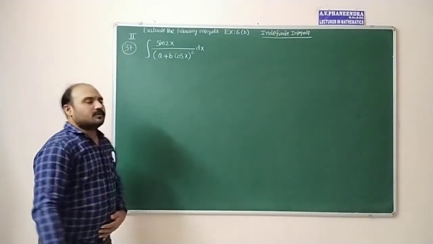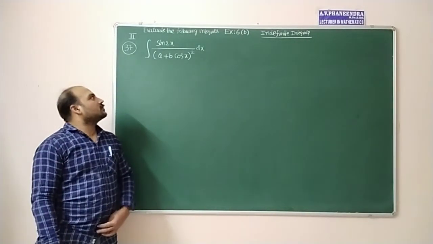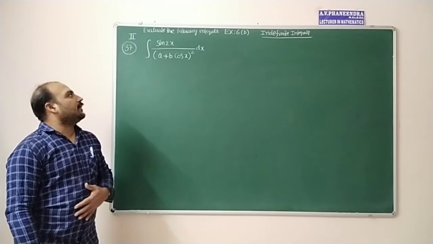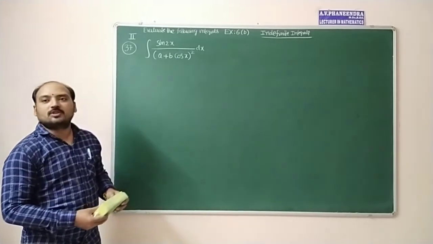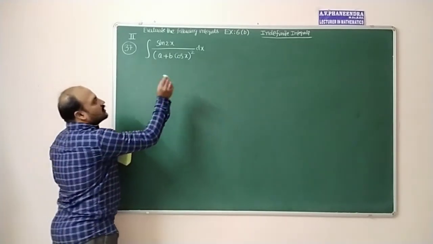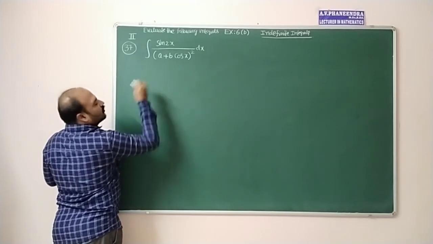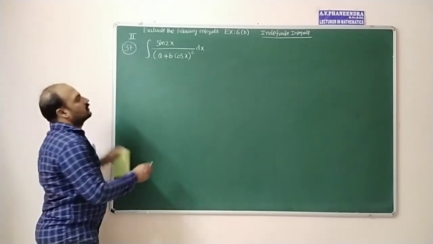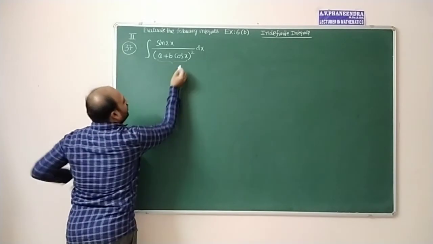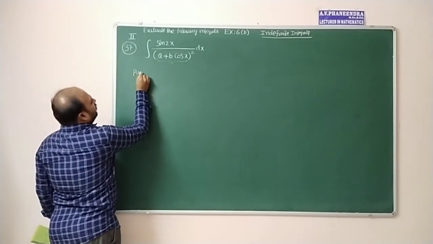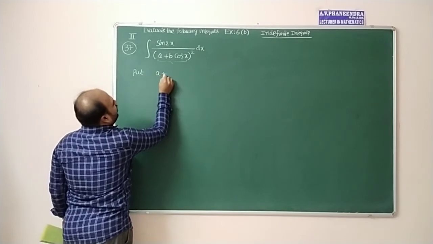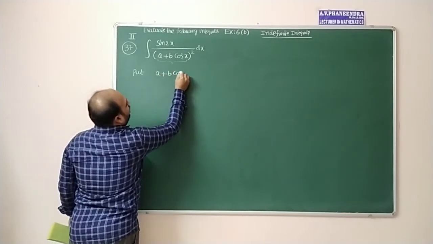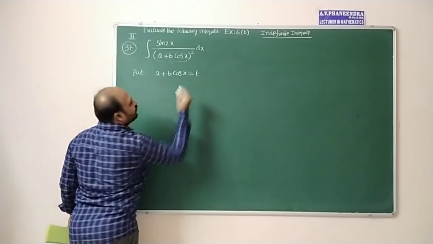The next question, integral sin 2x divided by a plus b cos x whole square into dx. See that, first of all, the denominator value we can assume as some t. Put a plus b cos x is equal to t.